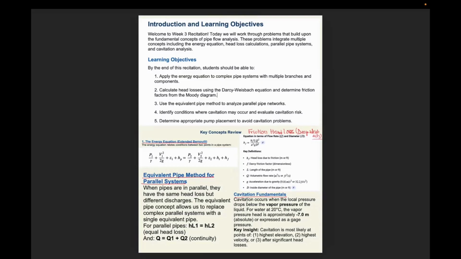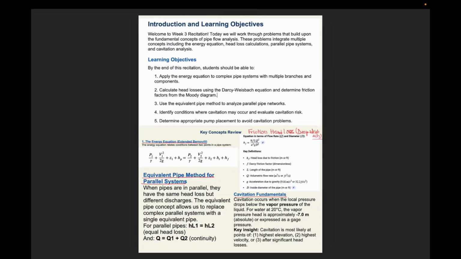And another fundamental is cavitation. It occurs when local pressure drops below the vapor pressure of the liquid. For water at 20 degrees Celsius, the vapor pressure head is approximately minus 7 meters gauge, or expressed as absolute pressure. And one of the key insights here is cavitation is most likely at the points that have the highest elevation, the highest velocity, and after significant head loss.